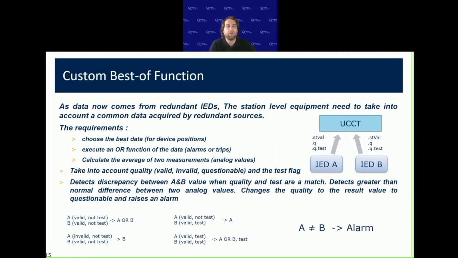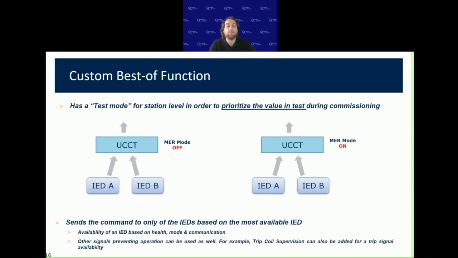However, if only one of these two is in test or not valid and the other one is valid and not in test, then we're going to prioritize this value. So this allows us to have the best value, and in case of commissioning, it allows us to prioritize which one is still valid for the operation of the station. For example, if IED A is in test, we're only going to take the value in B. That is the normal way of working.